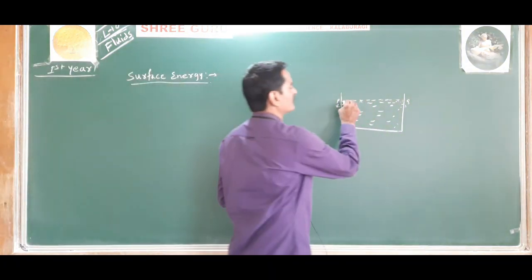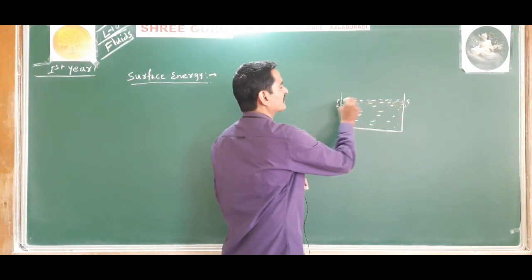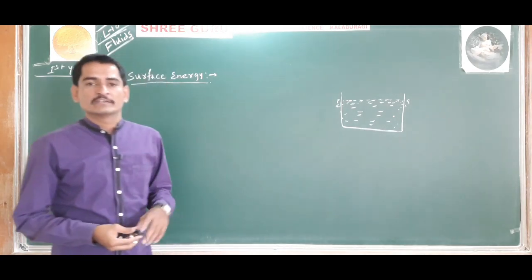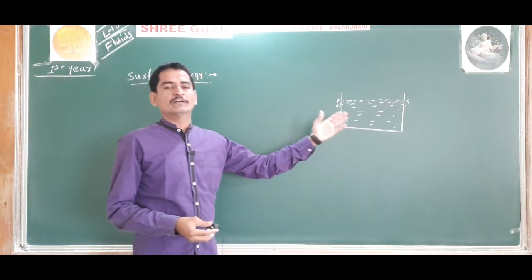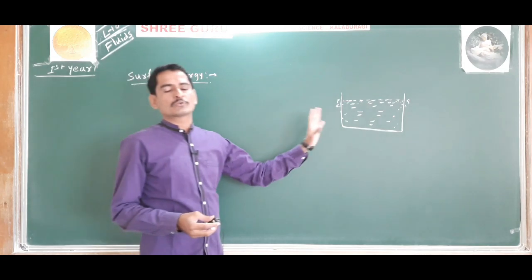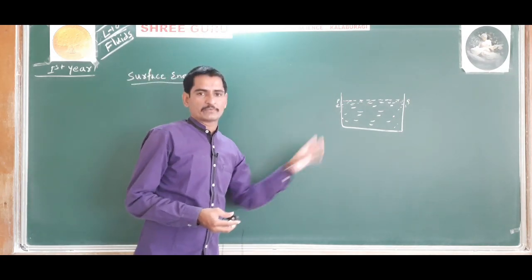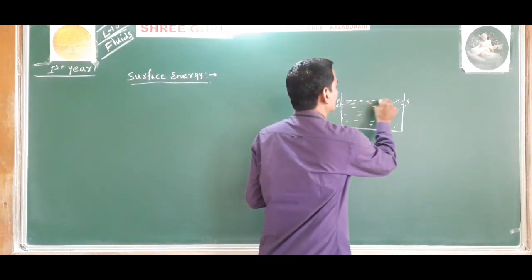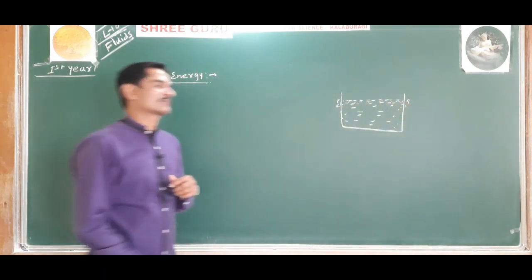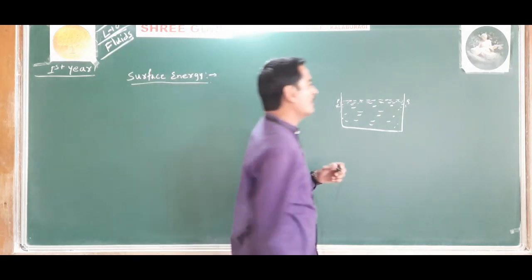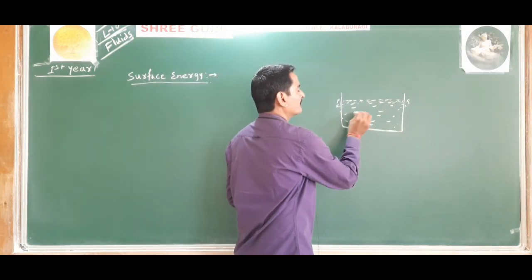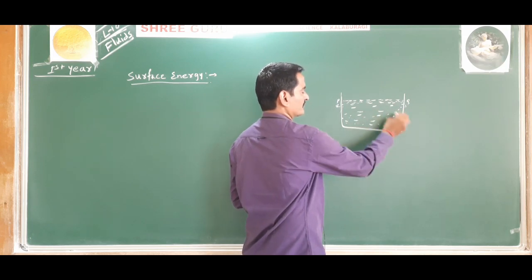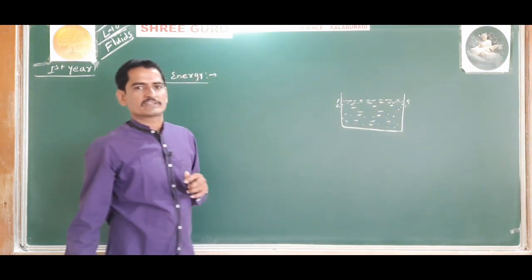The potential energy of all the molecules lying on the surface PQRS is greater compared to the molecules which are within the liquid. If you have forgotten, see the molecular theory of surface tension from the previous class once again, then come to this one, then it will be better.